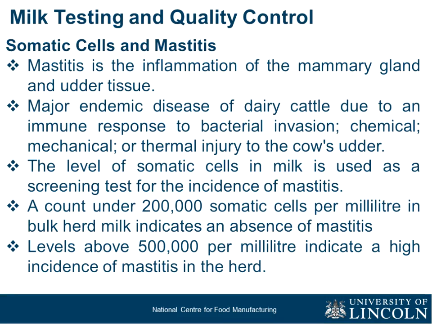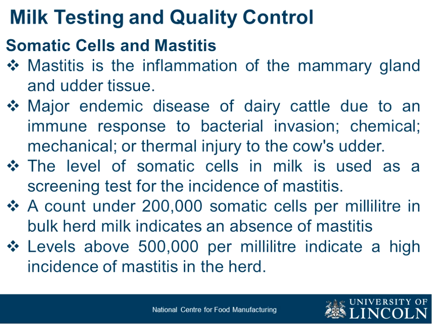Then somatic cell count and mastitis: this is just to be sure that the animal is healthy. Mastitis is the inflammation of the mammary gland and other tissues, and you want to be sure that the milk you are using for food for consumption is coming from healthy animals.